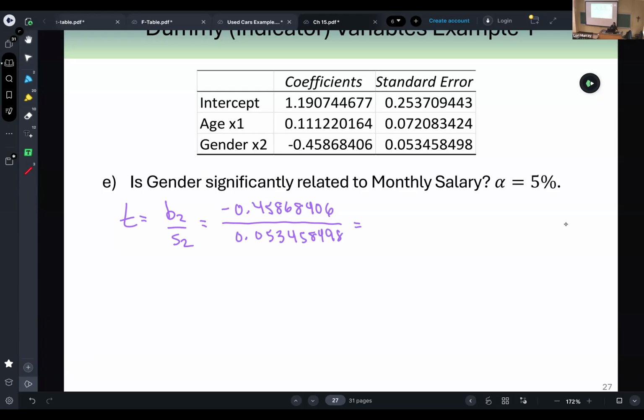All right, what do we get with all those decimals? And it will be the same t-value as the previous test. Divided by 0.053.